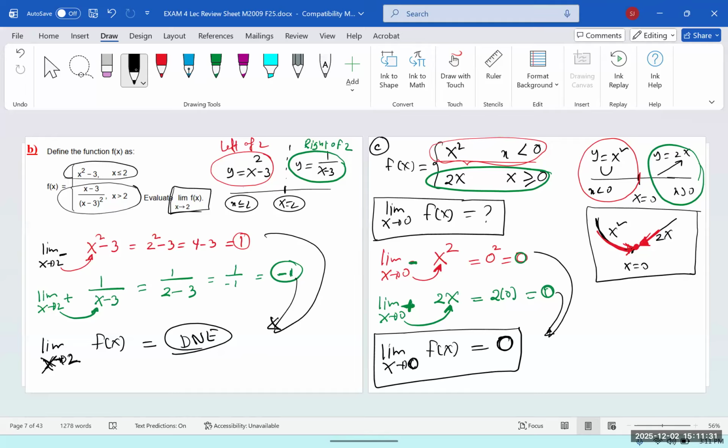But here the limit does exist. The limit exists because the left function gives us the y value 0, the right function gives us the y value 0. Both functions give you the y value 0. That means exactly at x value 0, our y value is the same number as the left and right limit, which is 0.